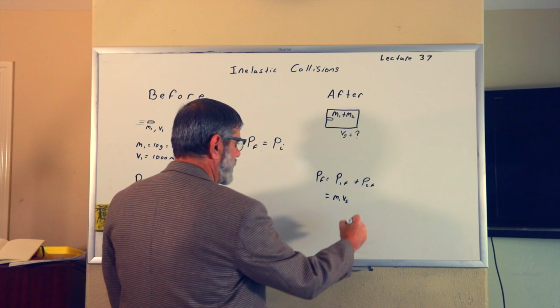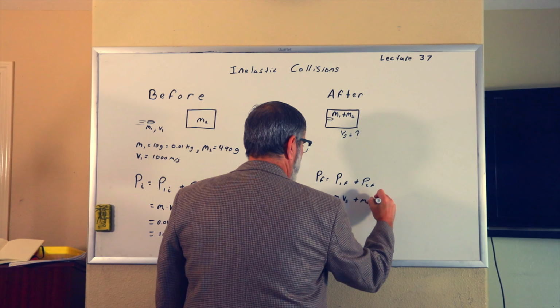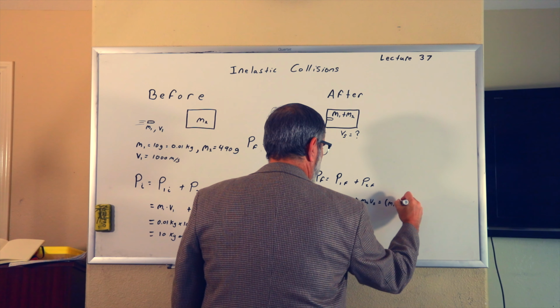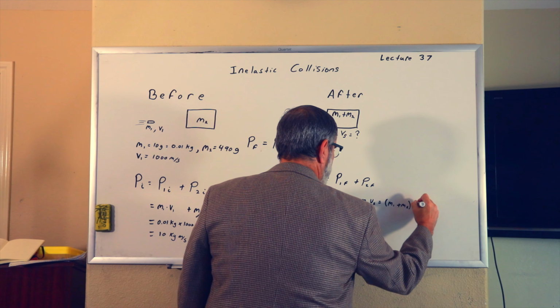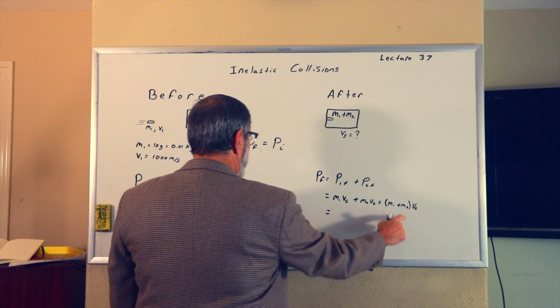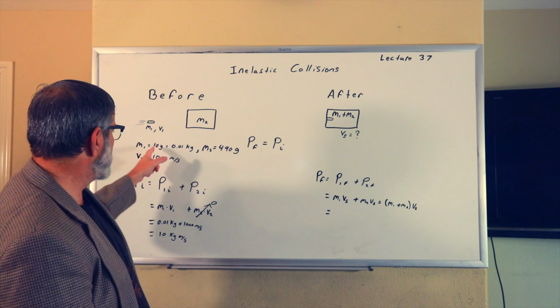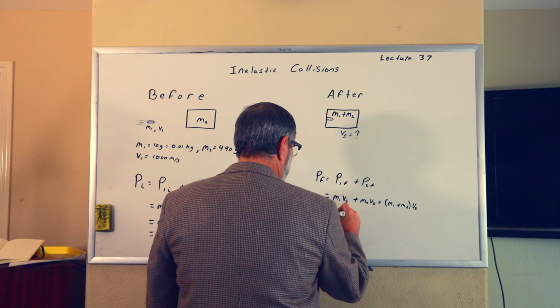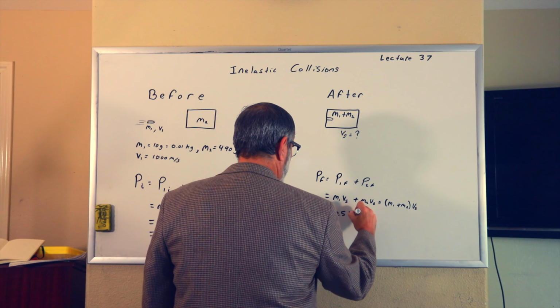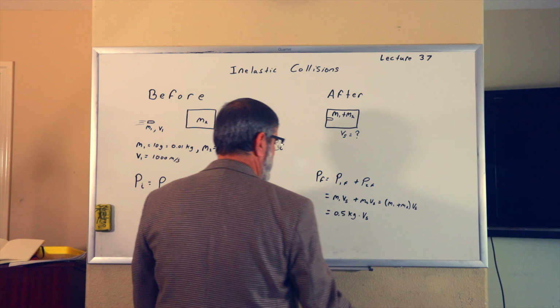So that's M1 times V sub S plus M2 times V sub S, which is just equal to M1 plus M2 times V sub S. And M1 plus M2, that's 490 grams plus 10 grams, is 500 grams, which is 0.5 kilograms times V sub S.